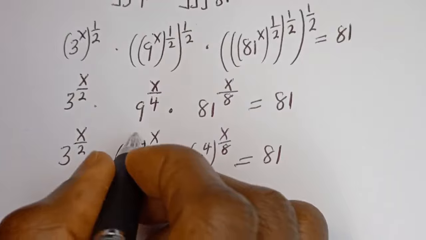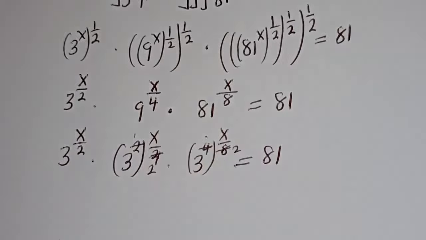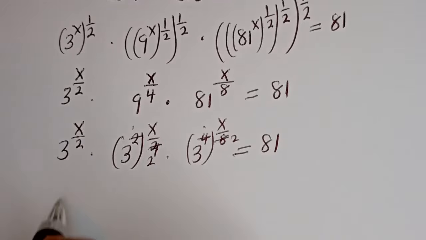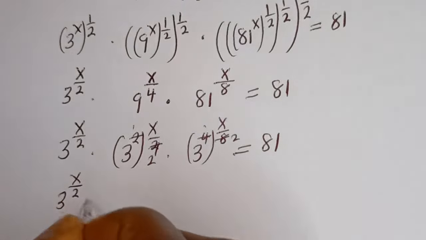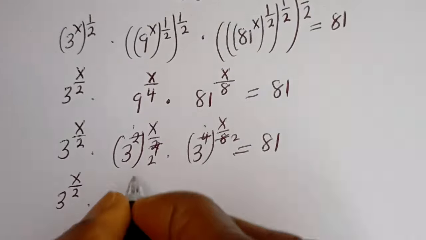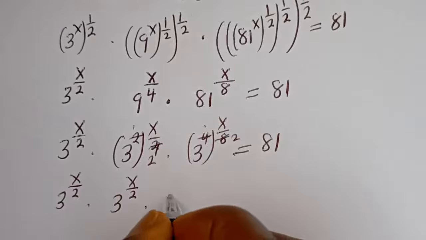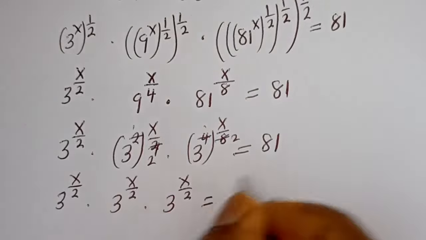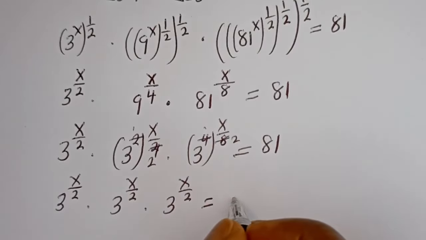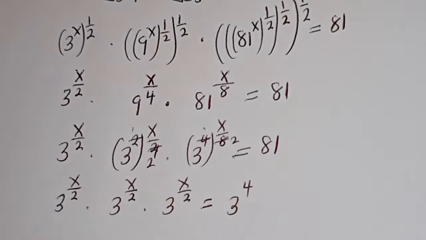Then 2 here 1, 2 here 2, 4 here 1, 4 here 2. You have 3 to the power of x over 2 multiplied by 3 to the power of x over 2 multiplied by 3 to the power of x over 2 is equal to 81, which can be written as 3 to the power of 4.